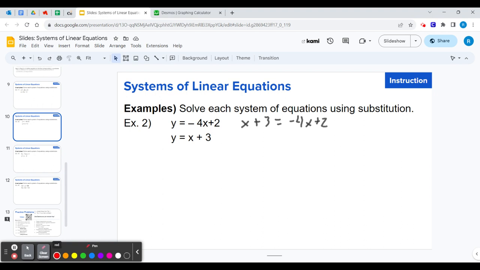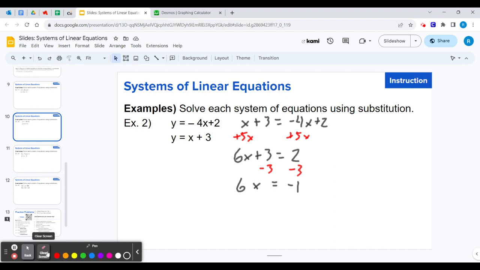I'm going to start moving stuff over, plus 5x on both sides. I'll get 6x plus 3 equals 2. Now I'll try to get the numbers over on the right, so subtract 3 on both sides. I'll get 6x equals 2 minus 3 is negative 1.